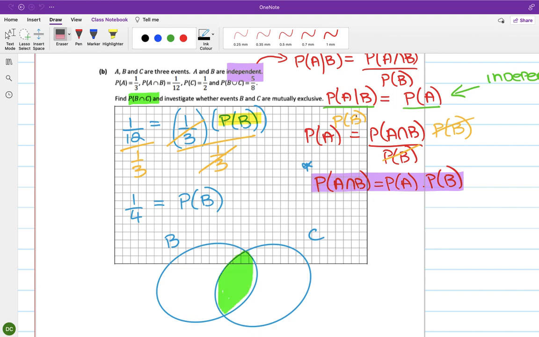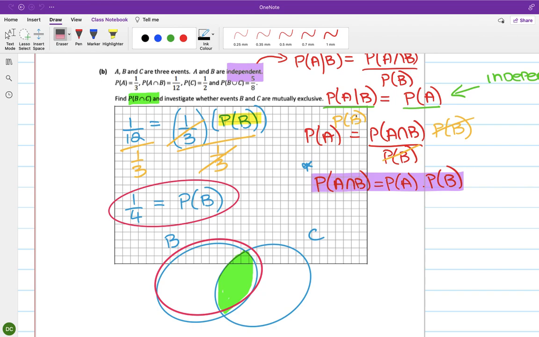We have the probability of B is a quarter, but that's the whole thing, the whole circle.